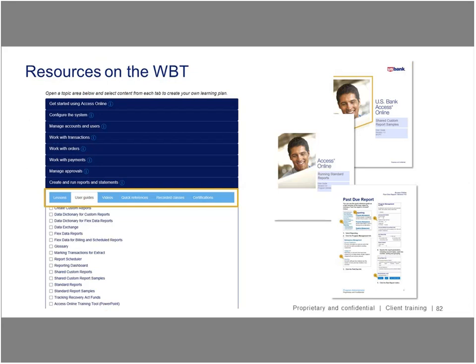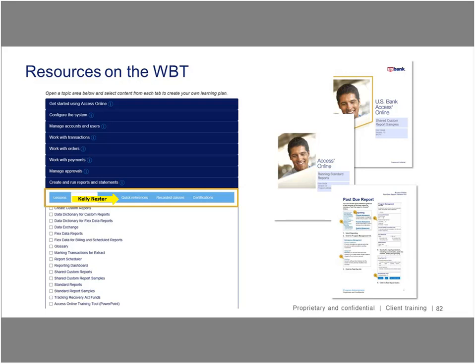Once you've expanded one of the topic sections, it looks like this, and there's multiple resources within. There's lessons, which are sort of like an interactive PowerPoint where you can be walked through how to do a task. There's user guides, which are detailed instruction manuals by task or topic. Then we also have short videos that you can watch a trainer going through the system, and have audio narration that will allow you to follow along.